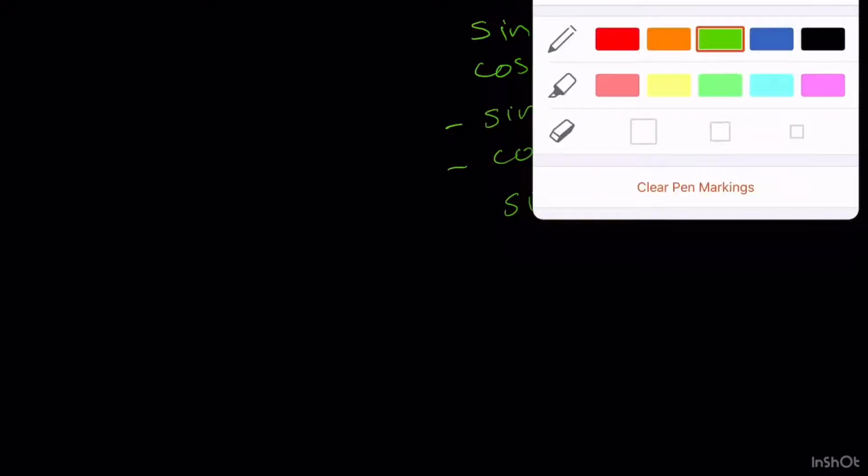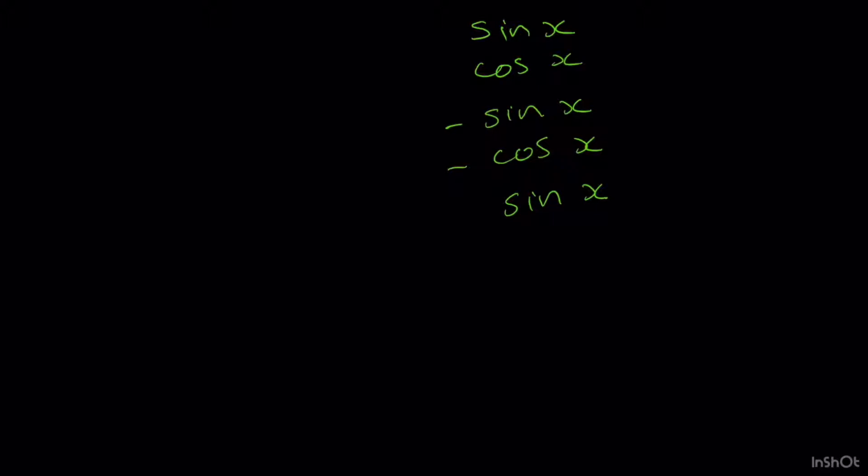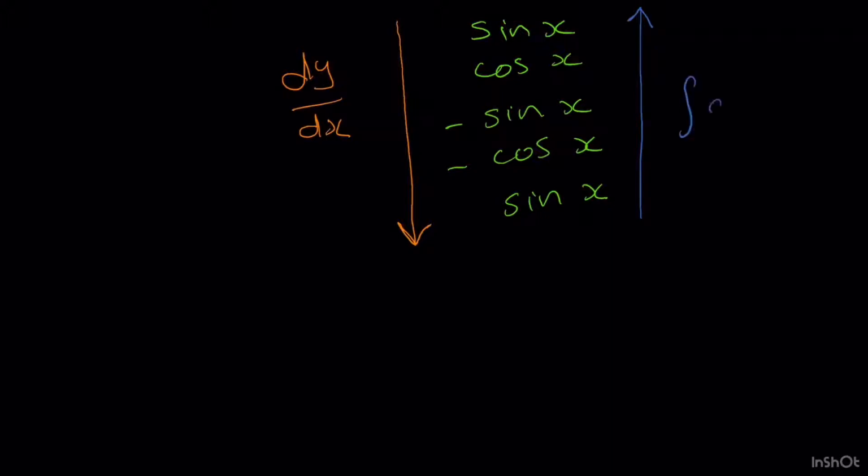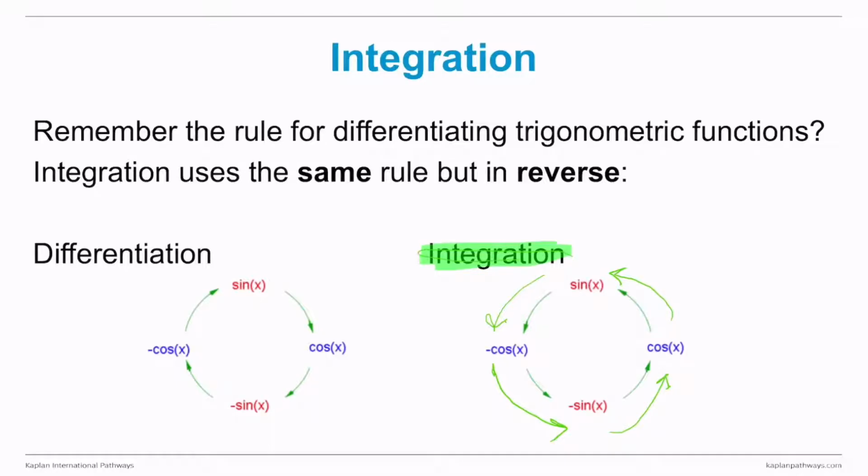If we draw an arrow from the top down, this represents dy over dx, and the opposite direction, from down to the top, is the integration. This is exactly the same way as the circle we just saw in the slide.